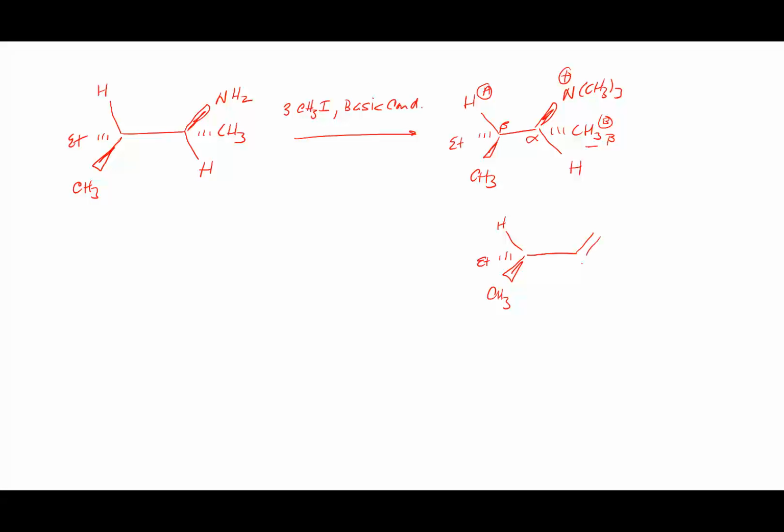So that means I'm going to end up with that. So that's going to be my major product. The major product of Hoffman or Cope is the least substituted double bond.